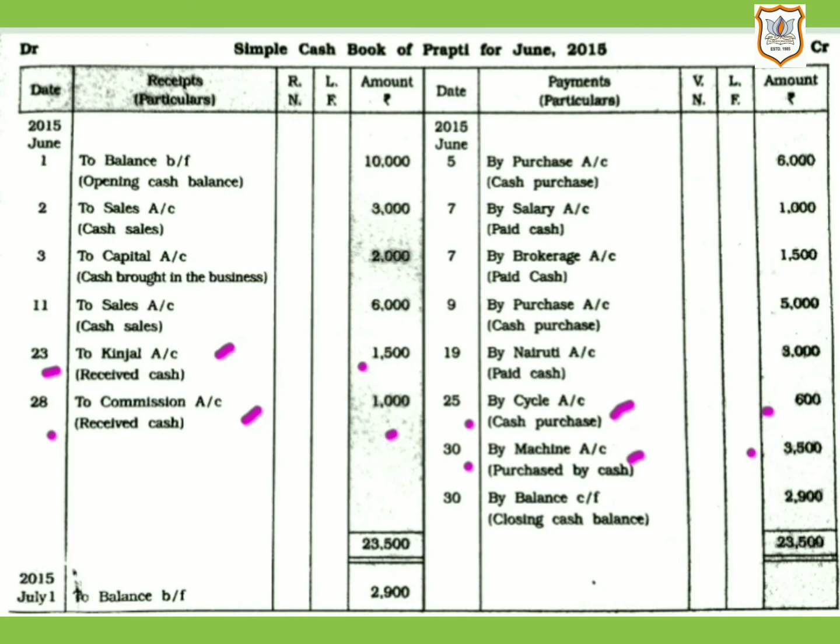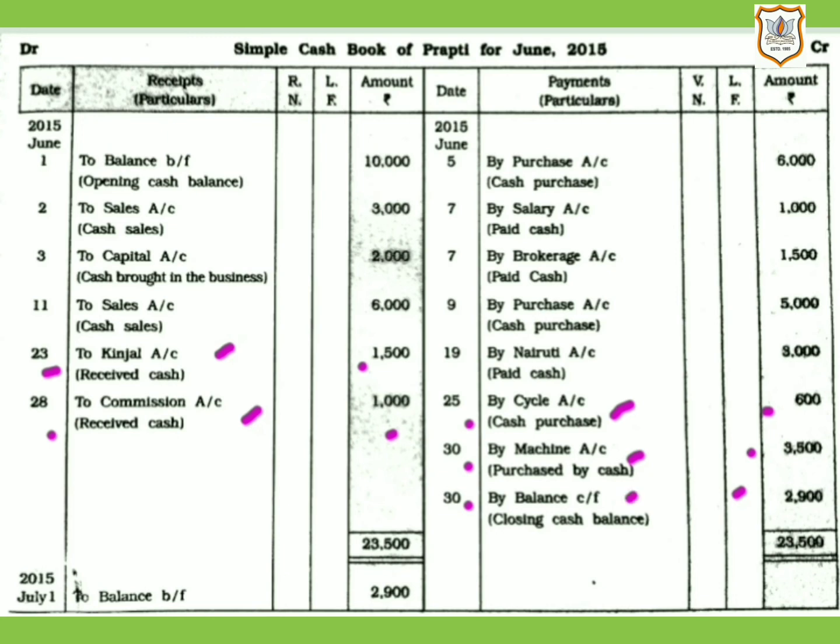So the difference is written on the credit side as by balance carried forward. So here our balancing figure is 2900. So here we will write 2900, date 30, and we will write here by balance CF. CF is the abbreviated form of balance carried forward.